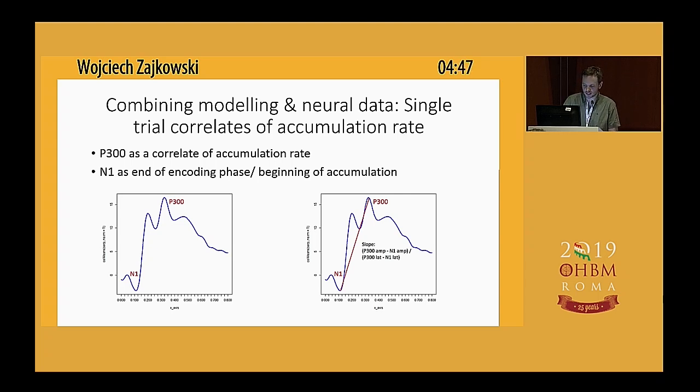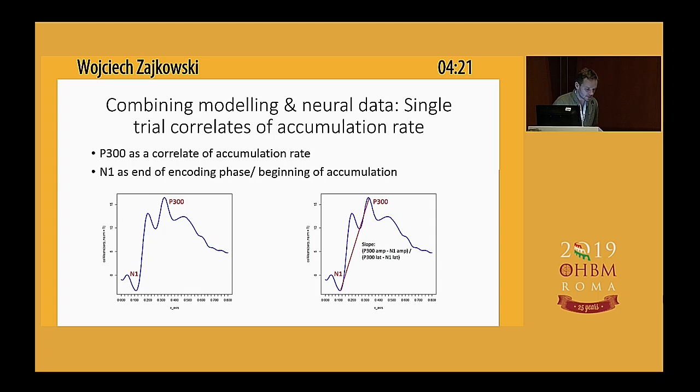So basically the slope is defined as the difference in amplitude between these two, divided by the difference in latency. So the idea is that the steeper the slope, the faster it goes from the negative peak of N100 to the positive peak of P300, that this actually drives accumulation, or this is the neural correlate of accumulation, and we wanted to test this.